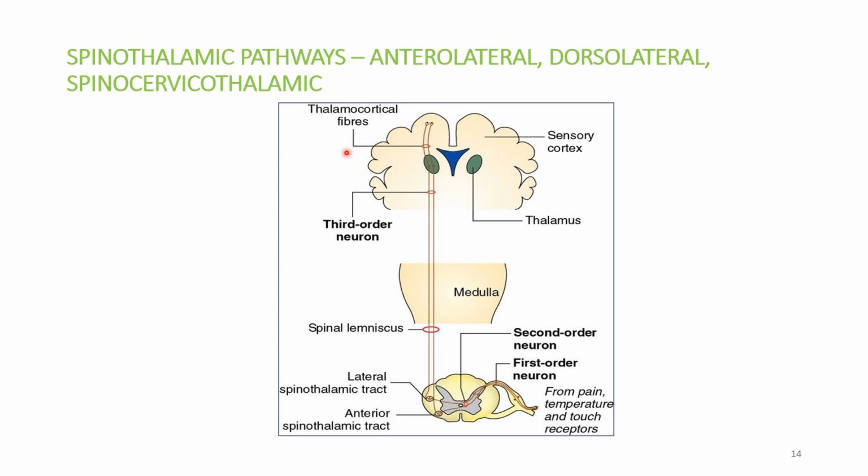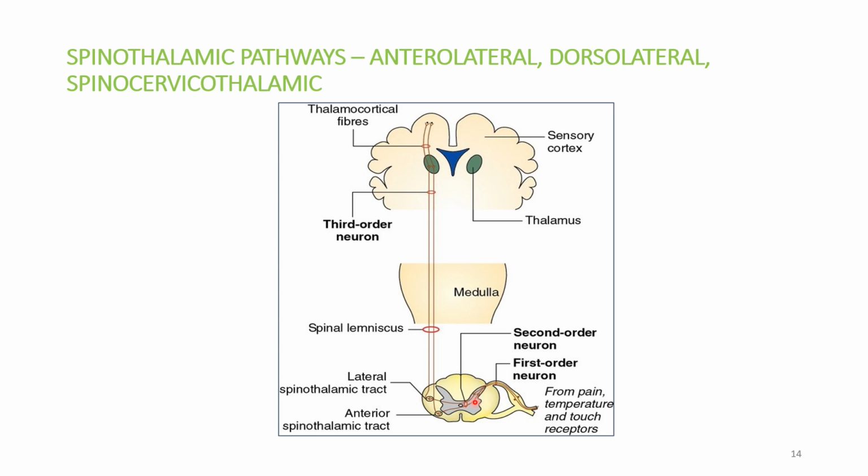spino-cervicothalamic pathways. So you can see the pain and temperature which are carried from the various parts of the body, they will cross at the level of the spinal cord only. The first order neuron will be up to this level, that is up to the gray matter of the spinal cord.